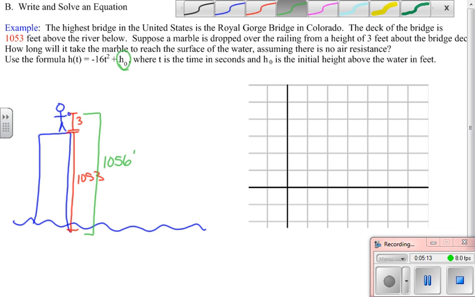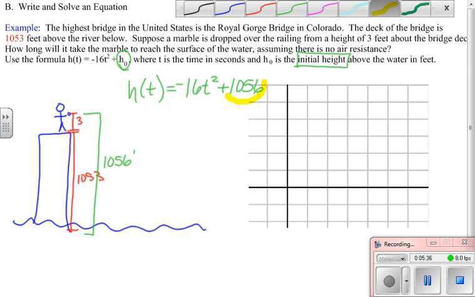Now this h sub 0 value is a mathematical and physics notation for the initial value, the initial height, the initial starting point. And so when I substitute that in, h of t is equal to negative 16 t squared plus 1,056.